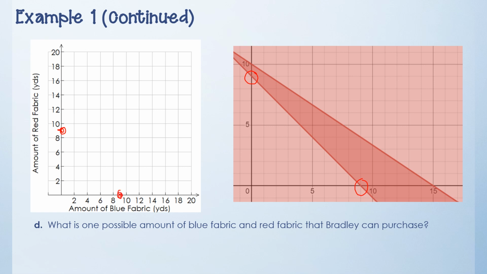Okay, and then this is a solid line. Then my second inequality was the 8x plus 12y is less than or equal to 120. So on that one, my y-intercept is at 10.